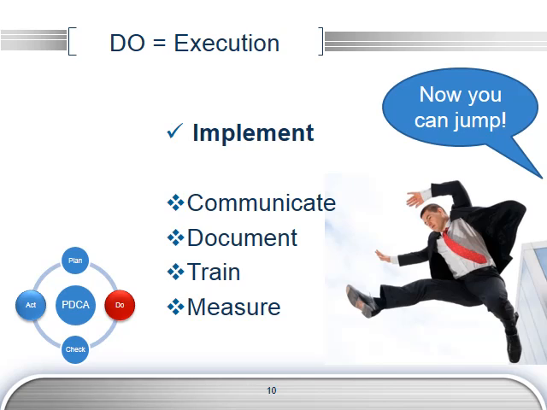But some of the things that I want you to consider additionally to those implementation activities is that if you're going to change something, think about communicating the change, documenting what you changed and doing away with the old way of doing business, and training everybody that's actually supposed to perform that function or operate within whatever you changed, so that they understand and they're able to adopt the change easily.